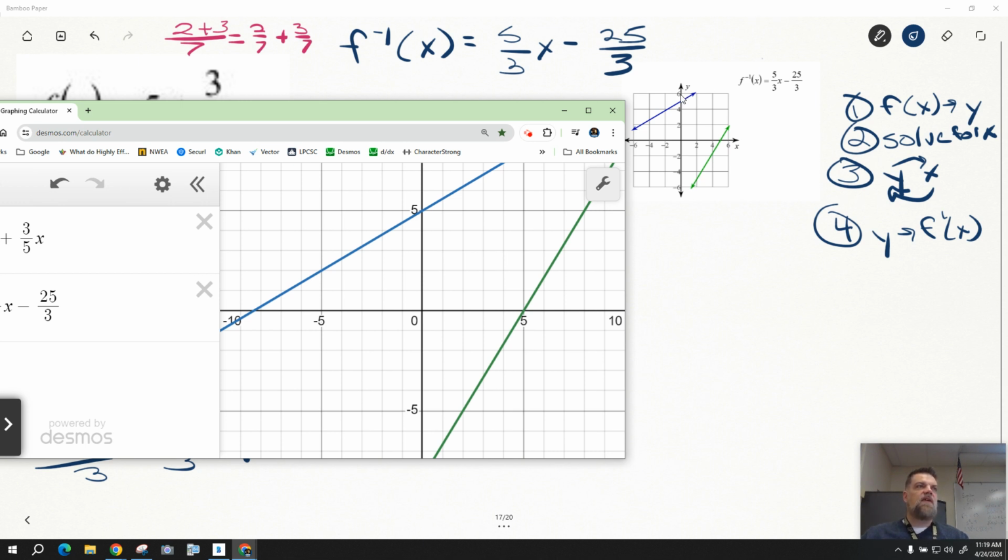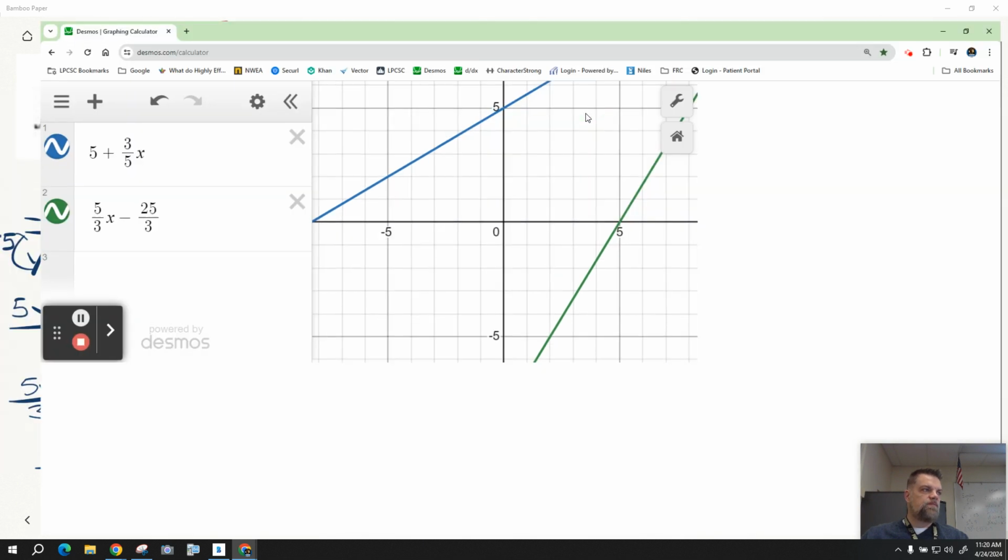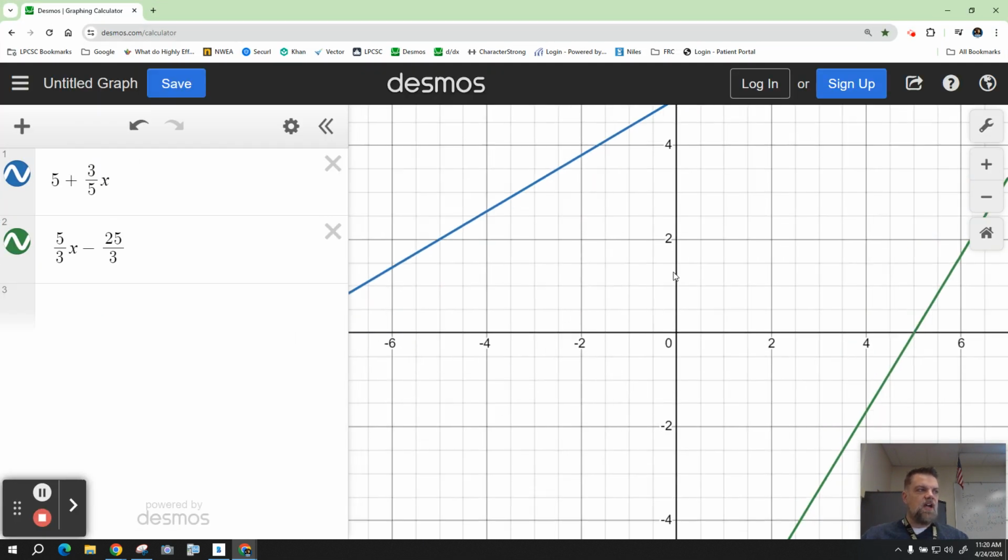My y value goes from 6 to -6. My x value goes from 6 to -6. You just scroll in and out until you have 6 to -6.